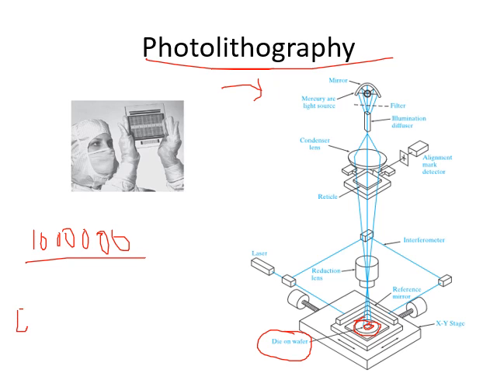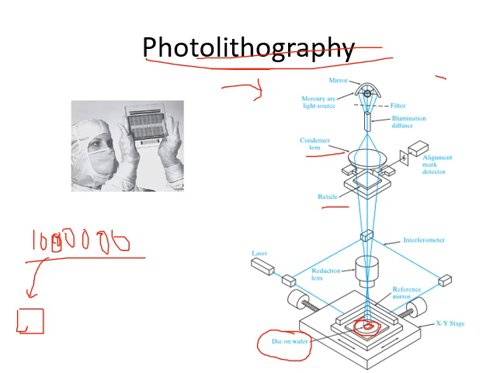On a chip there are 10 lakh transistors. If you are assuming 10 lakh transistors on a chip, on each transistor that photolithography process has to be done. For that we are using these lenses, reticle, and some other instruments.